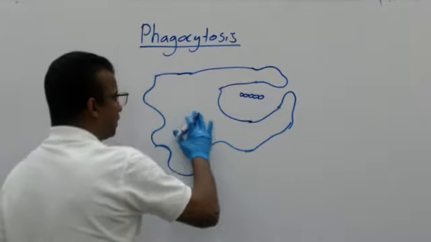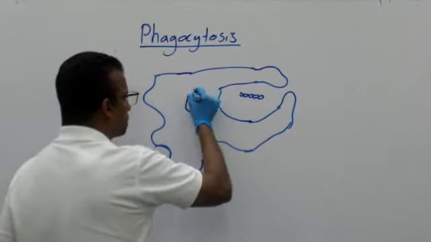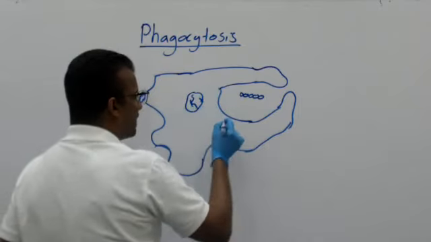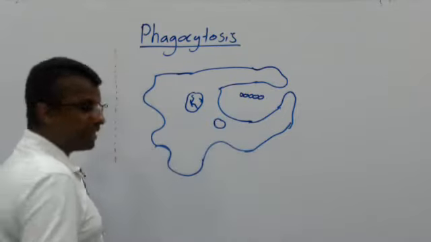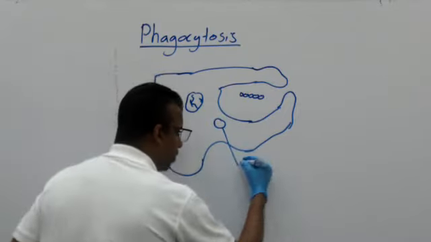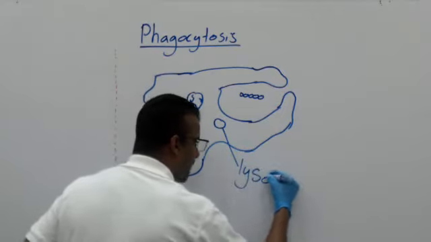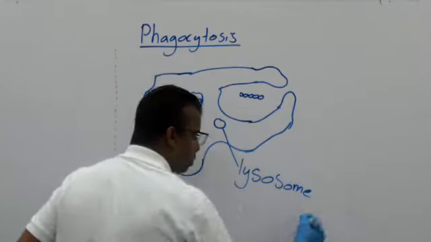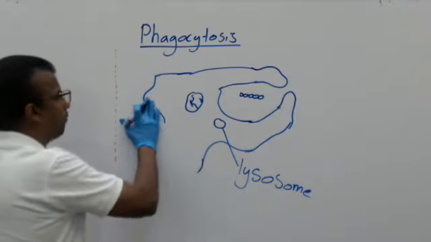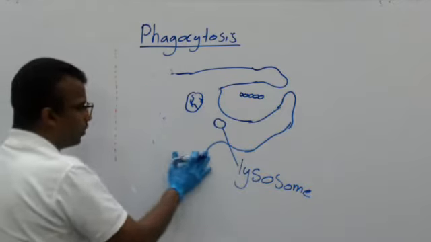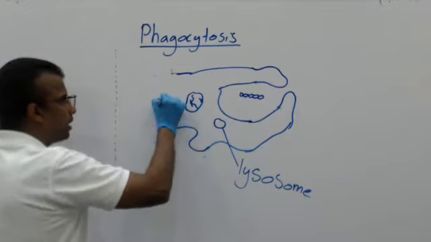Okay. Now in this moment, the nucleus has also moved, and I'm attaching here another organelle getting near, and this is the one that we call the lysosome. And of course, the shape of the amoeba would have changed.